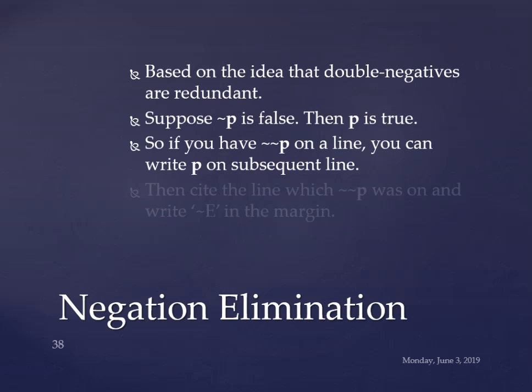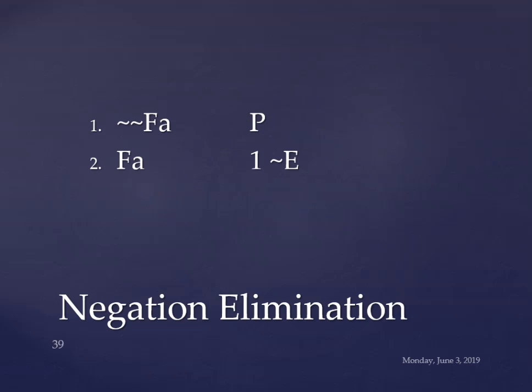Then you cite the line on which not not P was, and write not or tilde E in the margin. You can only take 2 at a time, so suppose you have a negation that has 4 negations, then you have to take 2 at a time.